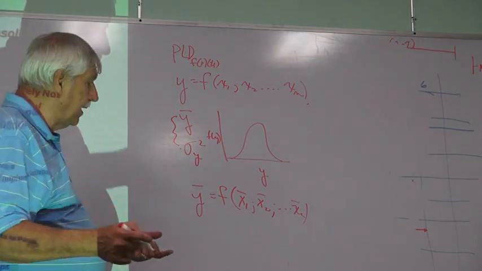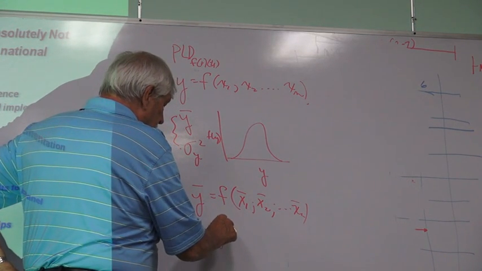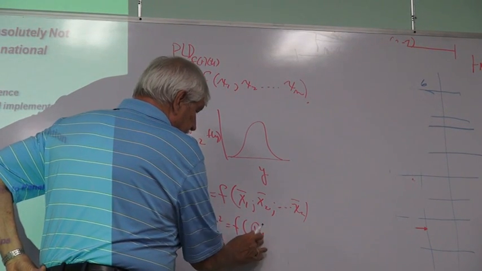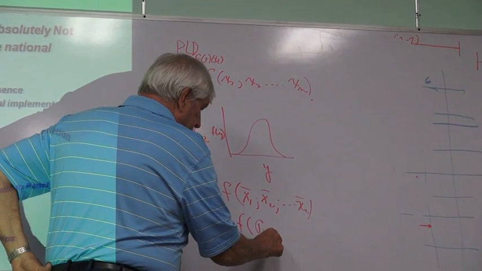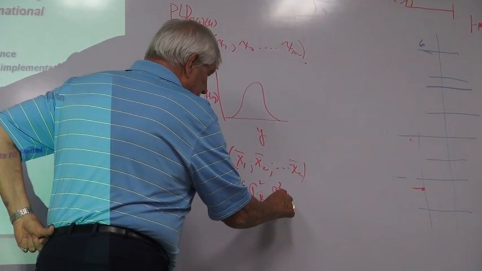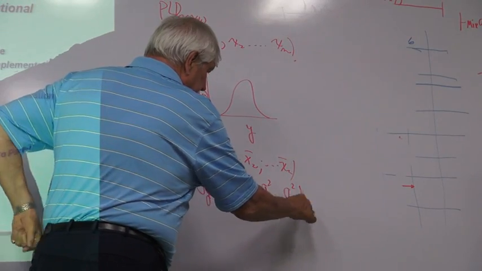If I use Taylor series, for example, my y squared total is going to be some function of the variance of x1, variance of x2, and the variance of x3.